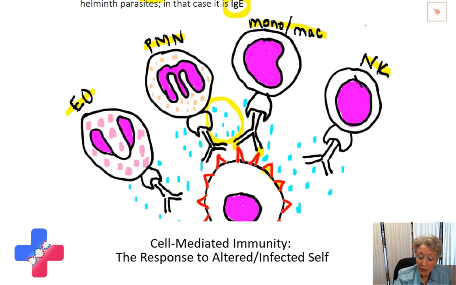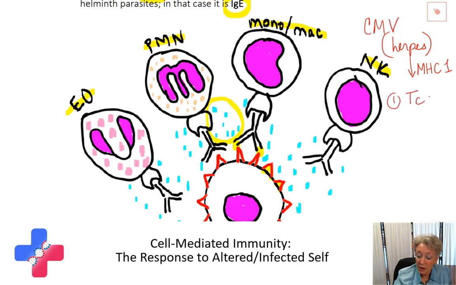If you remember that cytomegalovirus is a herpes virus, then you should already be thinking about the fact that herpes viruses downregulate MHC class I expression. So as I go mentally through my possibilities here, my first possibility, the cytotoxic cell, is not going to work with cytomegalovirus because there's no MHC class I.